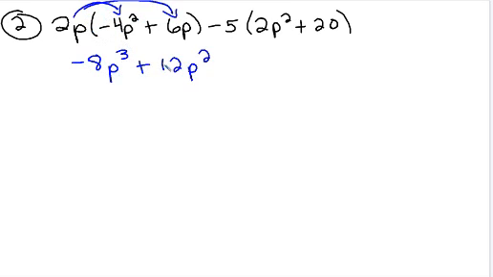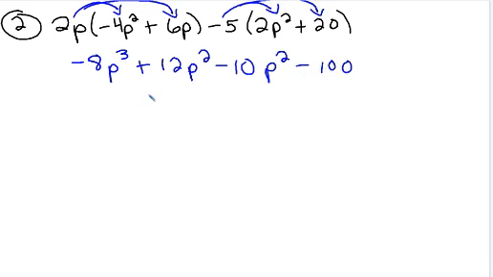Notice that the terms have to be connected by addition or subtraction. Now I need to distribute with the second set of parentheses. So that will be negative 10p to the second. And then I distribute to the 20. And I have negative 100.